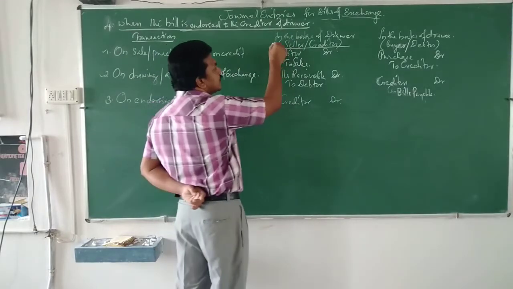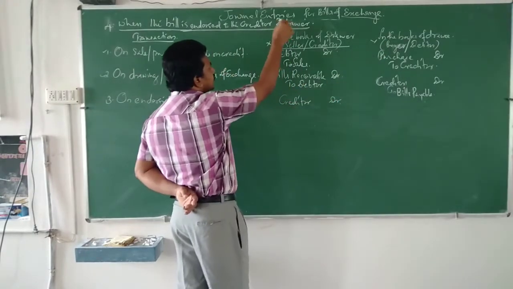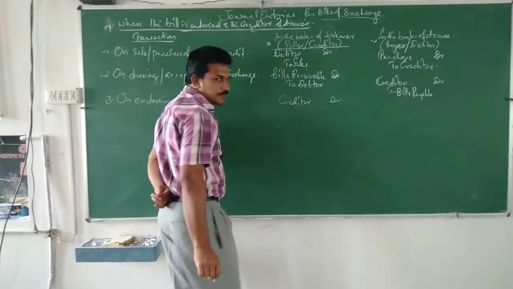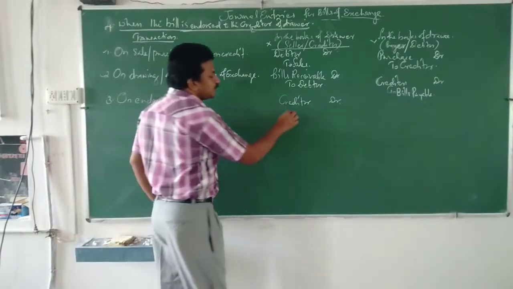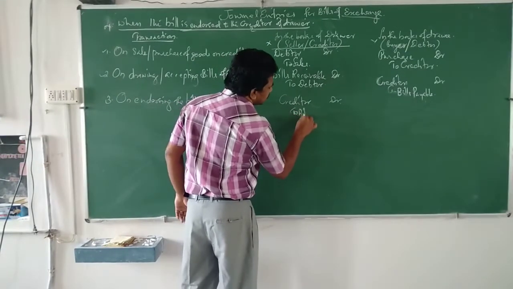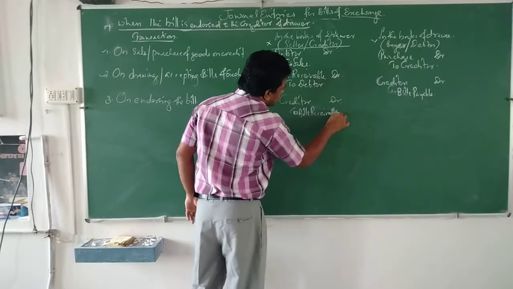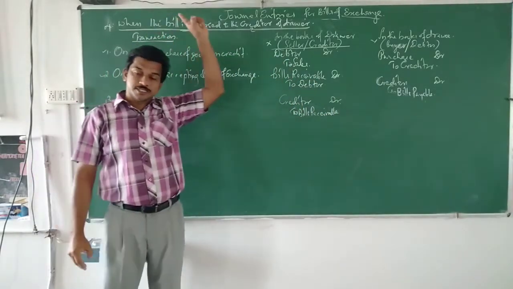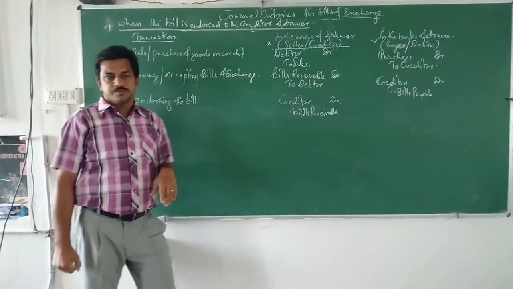Suppose he is X, he is Y, then his creditor is Z. Then we will write Z debtor. Creditor debtor to bills receivable. This bills receivable is cancelled, and his old creditor amount also cancelled. That way creditor came in the debit.